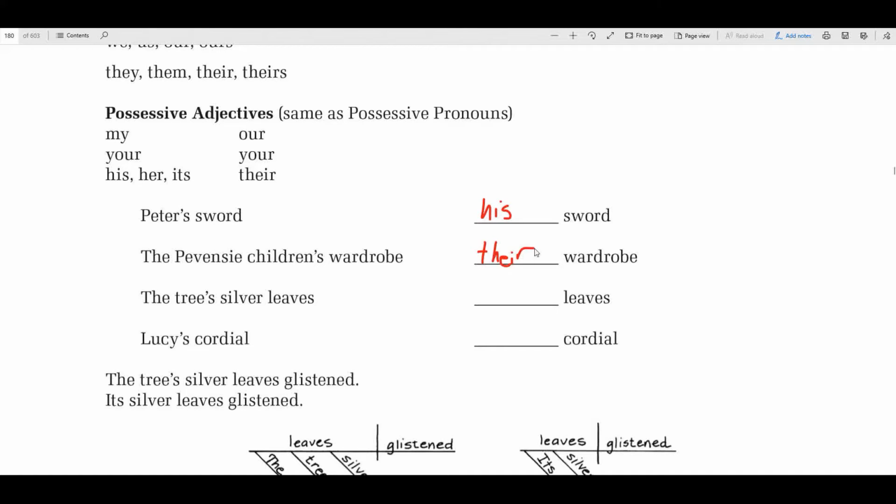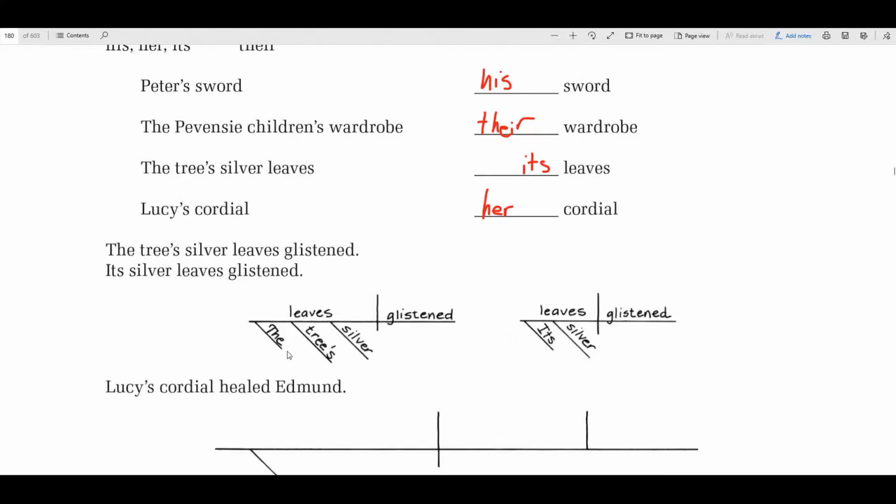And the tree's silver leaves would be its leaves. Lucy's cordial, her. Alright, so you catch the drift. Alright, let's see how they diagram this. The tree's silver leaves glistened. Its silver leaves glistened.